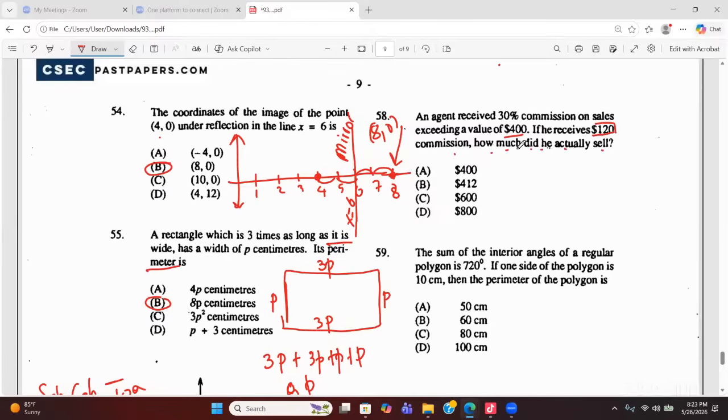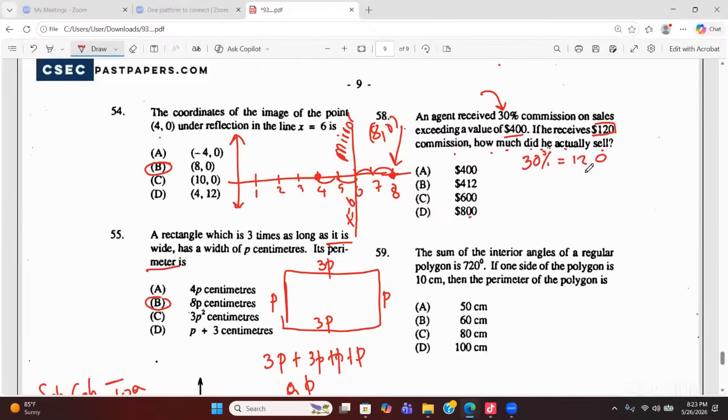All right. So again, if you read it, it says the agent received 30% commission on sales. In other words, you're going to get 30% of the thing. So you could see which one of these is 30%. But you could look at it like this. 30% gives you 120.